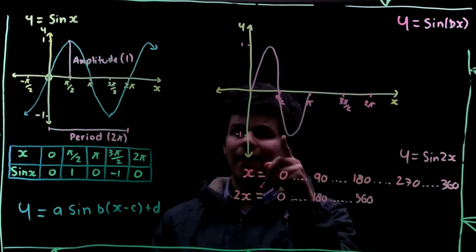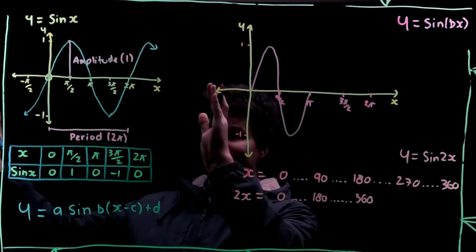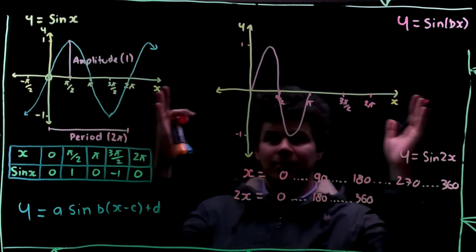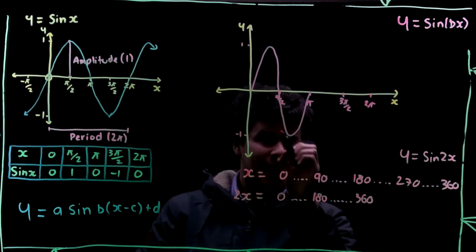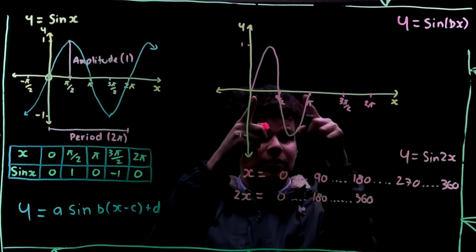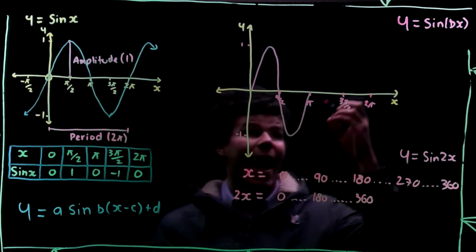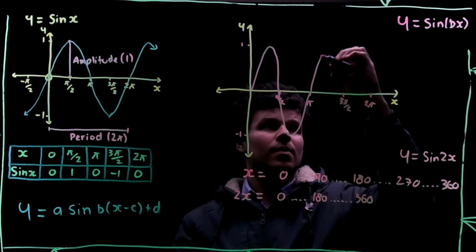Okay, see how we've actually squeezed the graph in like this. So we've grabbed that one and we've just squished it like this. So now we go up, down, get back to our same spot, our period happens at double the speed. It only takes until pi. Over here, it takes all the way till 2 pi. And it will continue on like that.